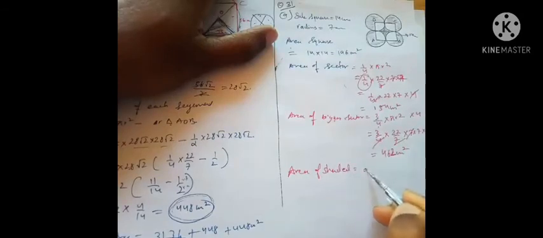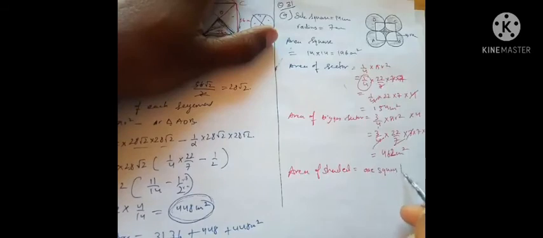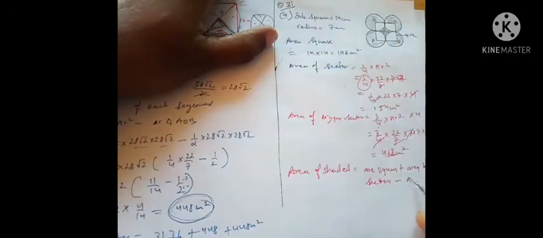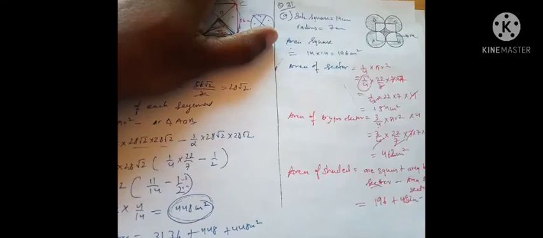If I add the area of the square plus the area of the bigger sector, then I get the whole. But if I subtract the area of the smaller sectors, remove the smaller sectors from the whole, so only the area of the shaded part will be left. So what is the area of the square? 196 plus area of the bigger sector is 462, minus 154.